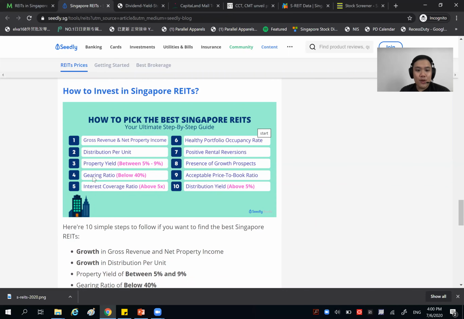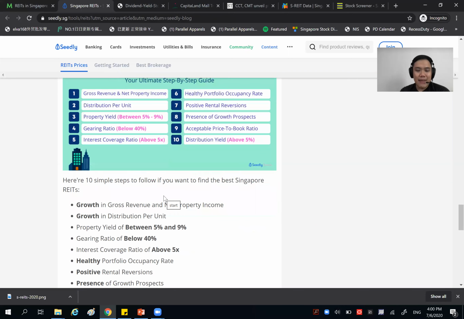Okay, on point number 4, the gearing ratio, you are looking at the debt. You are looking at the debt ratio of the company, whether they are borrowing a lot more to sustain the company or not. Okay, MAS actually has a regulation for REITs. Gearing ratio cannot be higher than 40%.